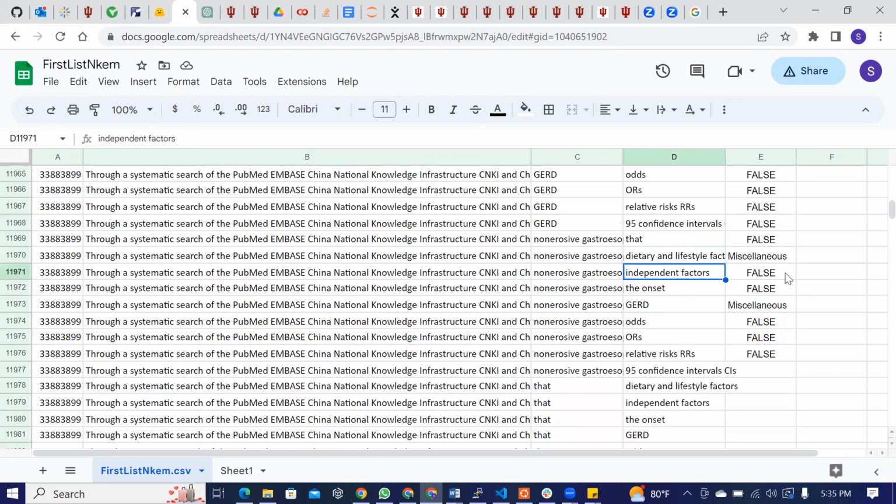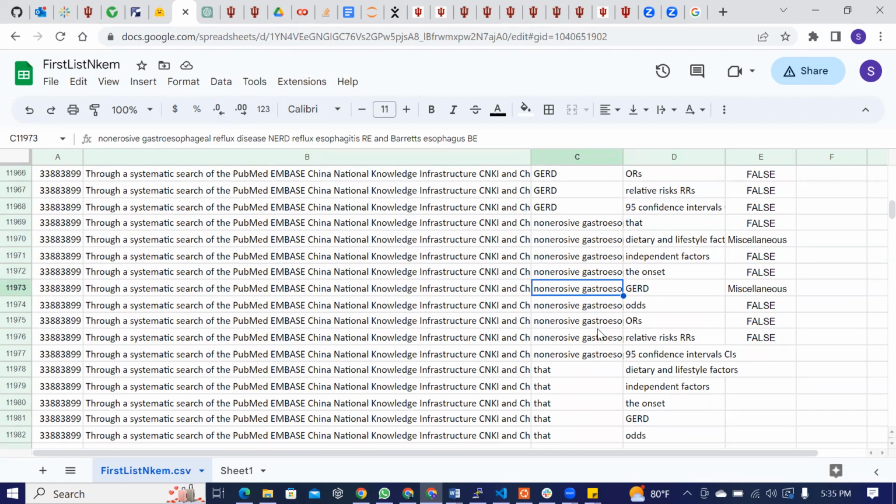So we have miscellaneous independent factors, onset, GRD miscellaneous, odds false, OR false. You understand? Because we are comparing non-erosive gastroesophageal reflux disease, ARIA and Barrett's esophagus at the same time.